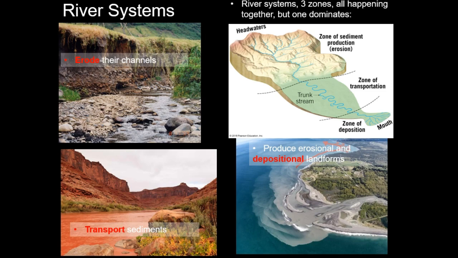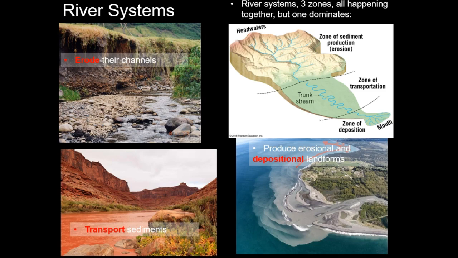So when a river approaches the ocean or another body of water, it tends to slow down. As it does this, the energy of the stream will greatly reduce, and much of the transported sediment will be dropped and hence be deposited.